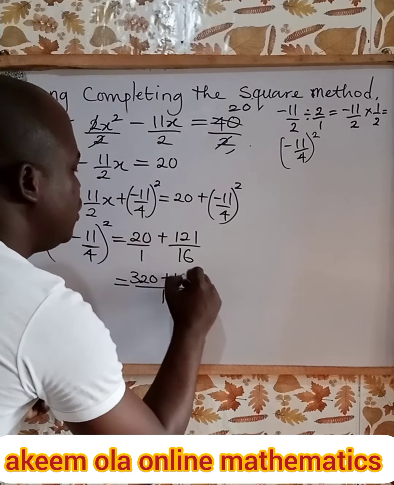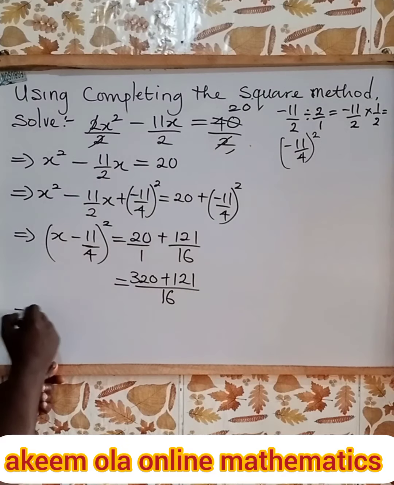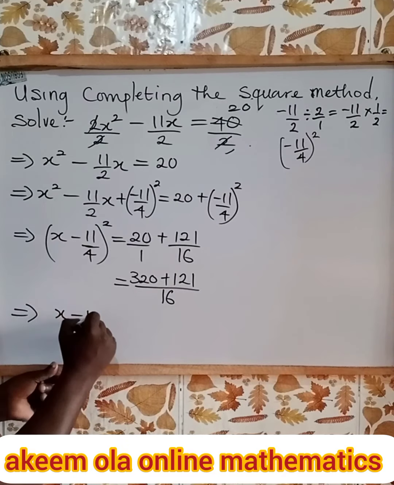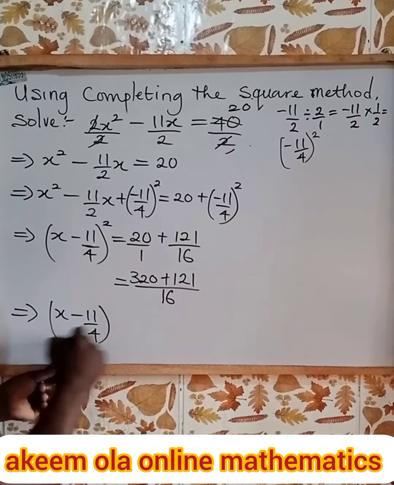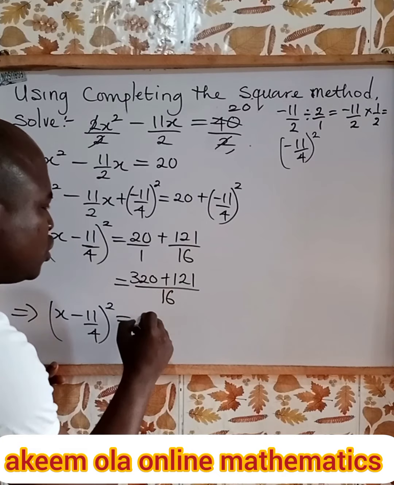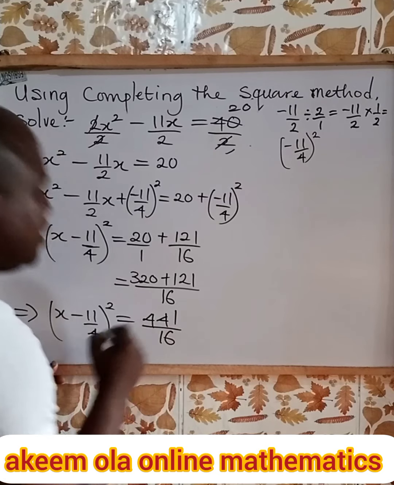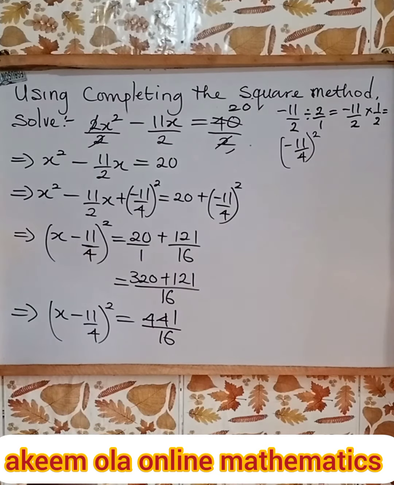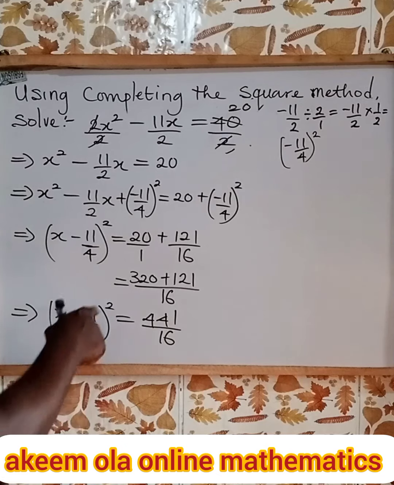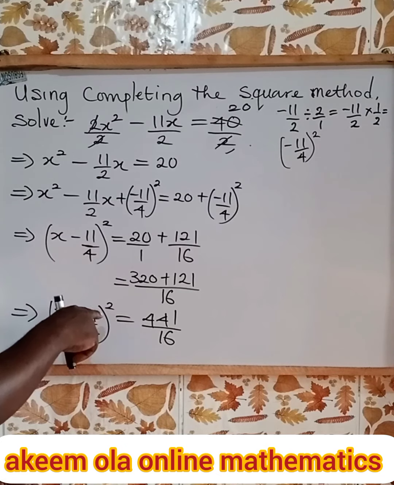We have 121. So here now we'll be left with x minus 11 all over 4 squared is equal to 441 all over 16. The next step we are going to consider is to remove this square value.